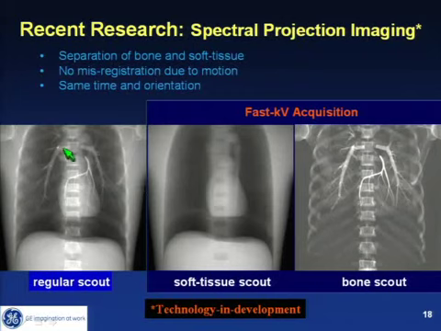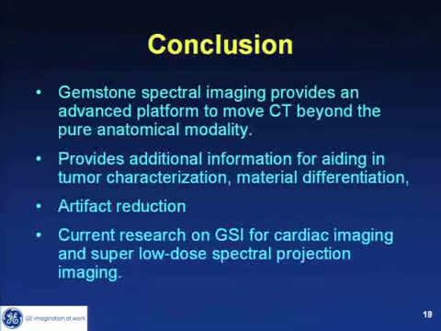Here is a conventional scout where all the structures are overlapped. And with the dual energy fast kV switching scout, you can remove the bones and only leave the soft tissues and look at some diseases and so forth. So scout is no longer a simple landmark tool. It has the potential to do diagnosis.